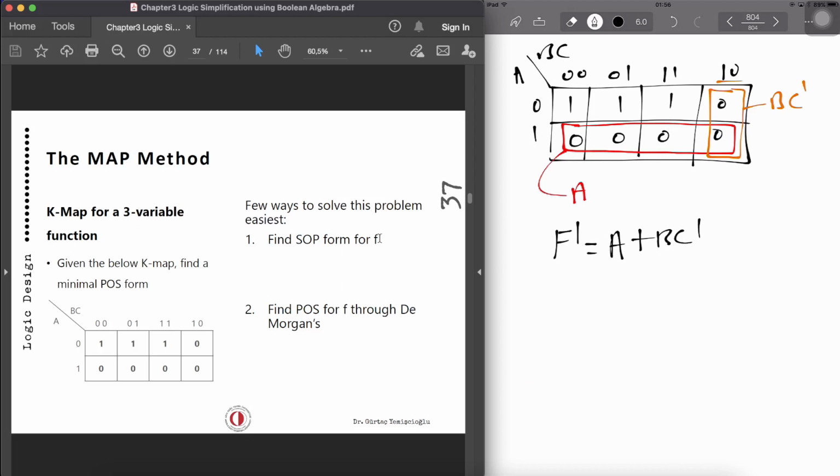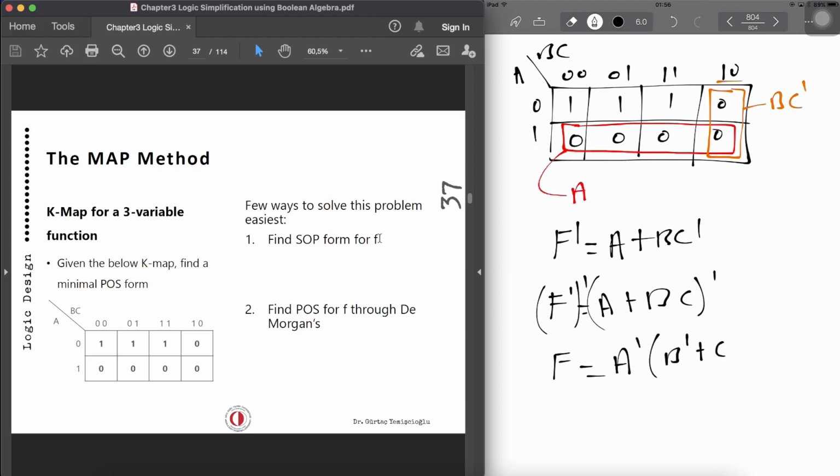Now, in order to find the POS equation, as you do remember, we had to take the De Morgan of that equation. Because this is F prime, we have to take the De Morgan on both sides. So F is going to be, if you take the De Morgan, A prime, B prime plus C prime.